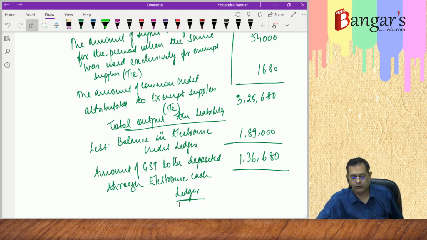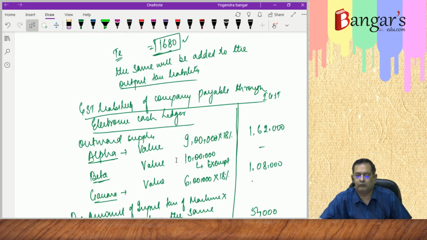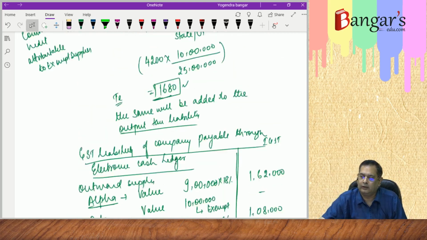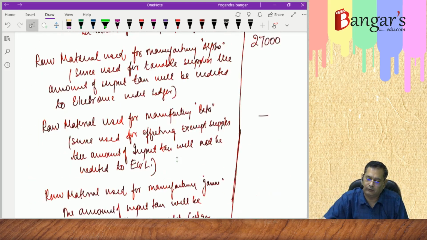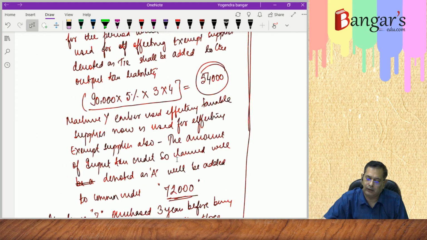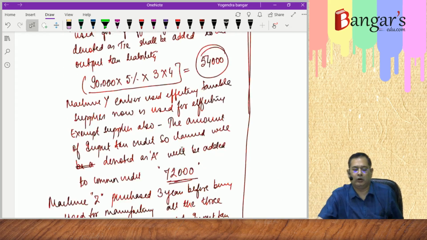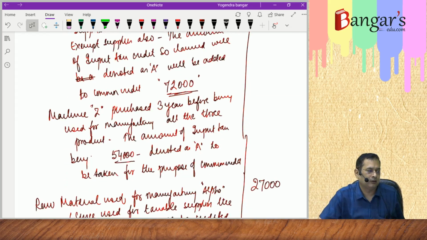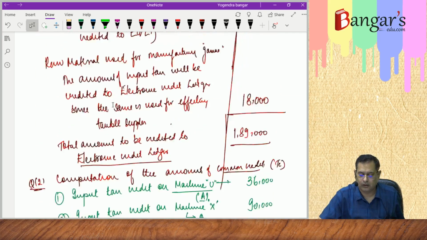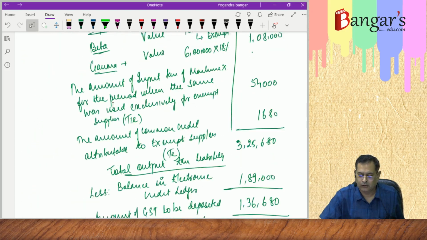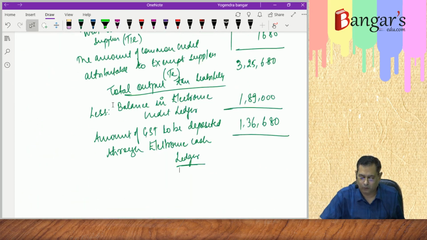So this was one comprehensive question. You can try it by yourself. This type of question can be asked in your examination, covering the machines, basically apportionment of credit on capital goods, as well as requiring you to determine the total tax liability. So this way you have to work out every aspect, write working notes properly.